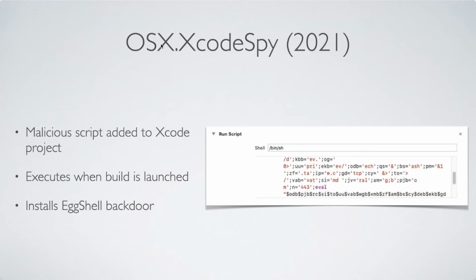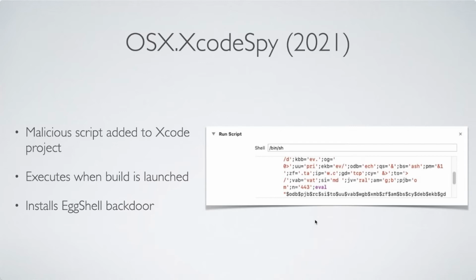In Xcode, you can set a project to run a script as soon as you open the project. So what was added was that it would run sh and run this script that's shown, very heavily obfuscated. And what that script would do when you launched the project is install an EggShell backdoor.